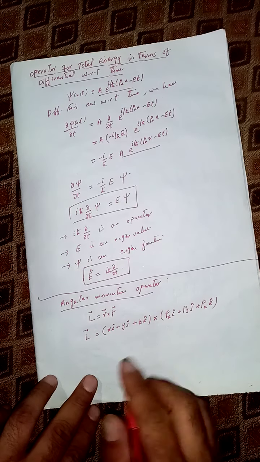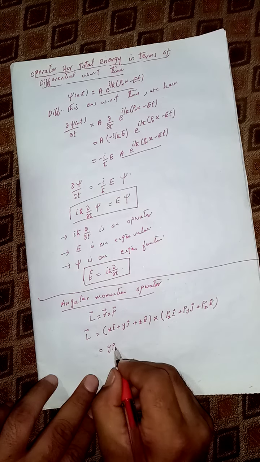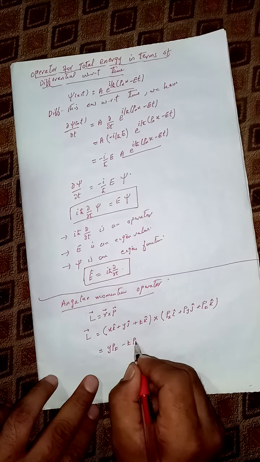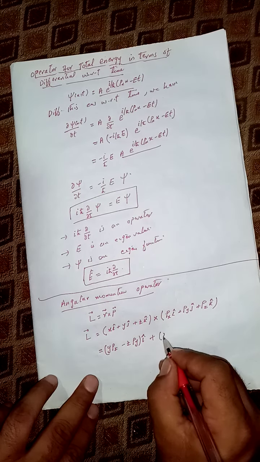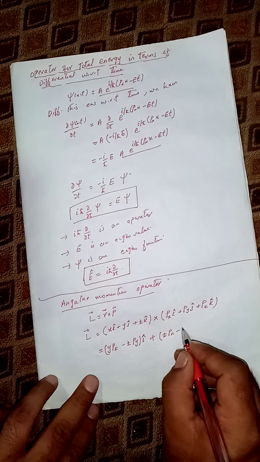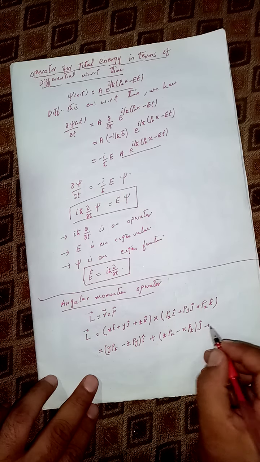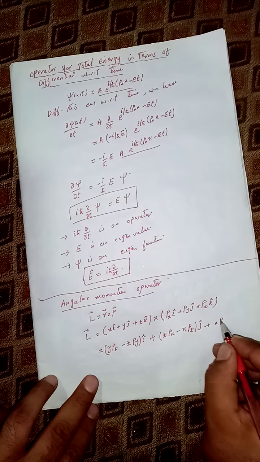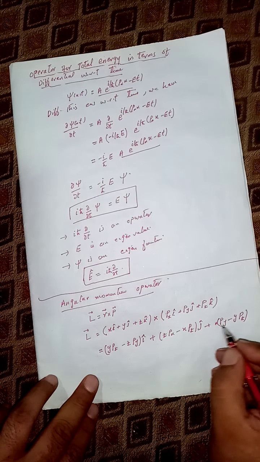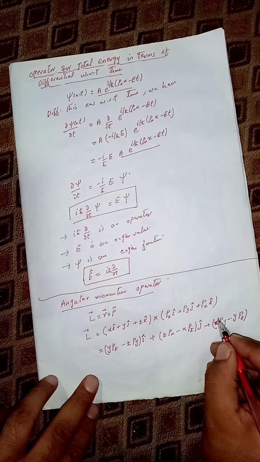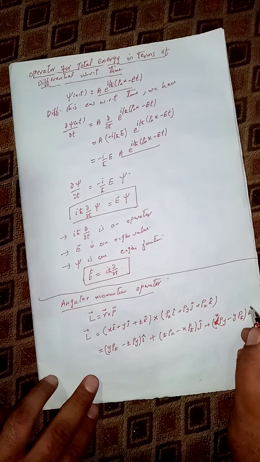If we do this cross product, we finally get (y p of z minus z p of y) i plus (z p of x minus x p of z) j plus (x p of y minus y p of x) k.